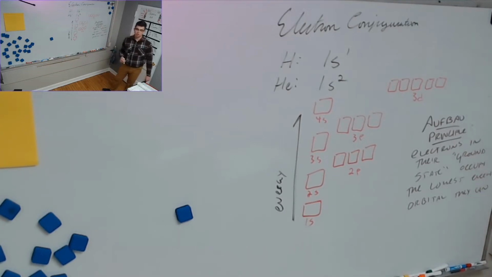That's our first rule for solving electron configuration. Electrons in their ground state occupy the lowest energy orbital they can.